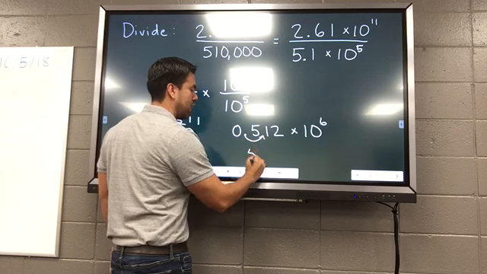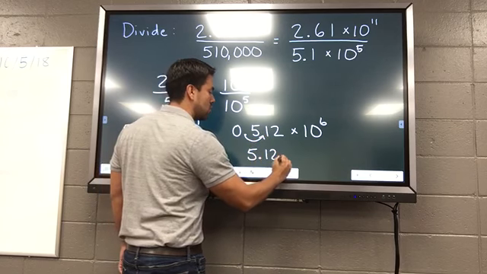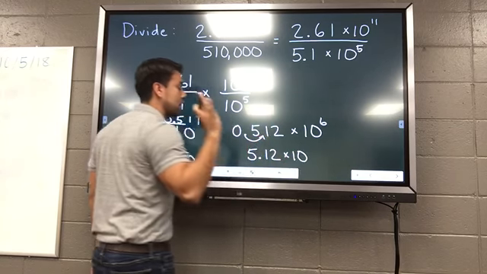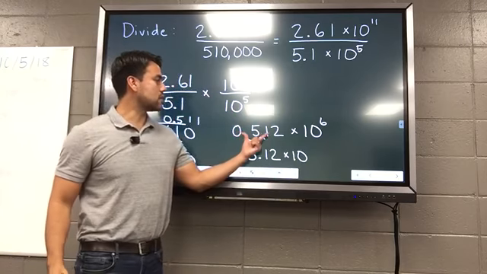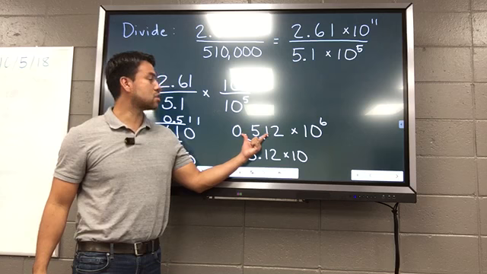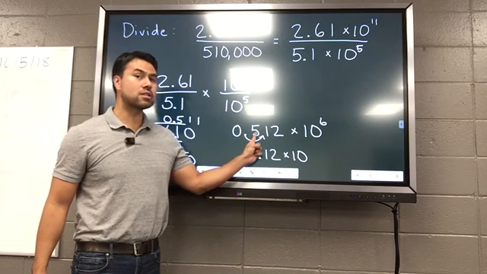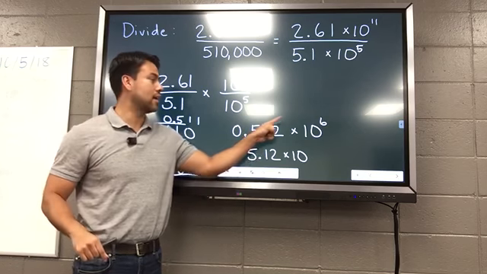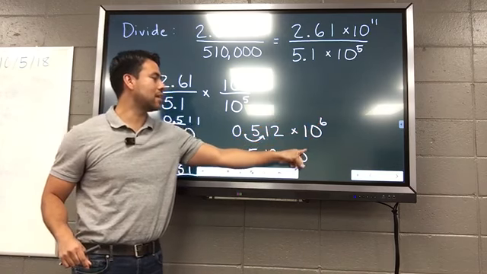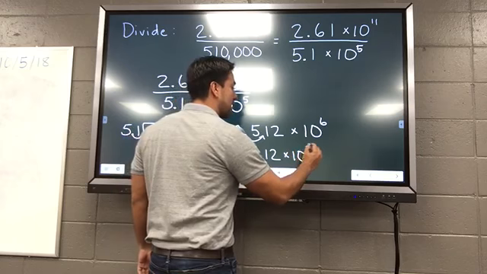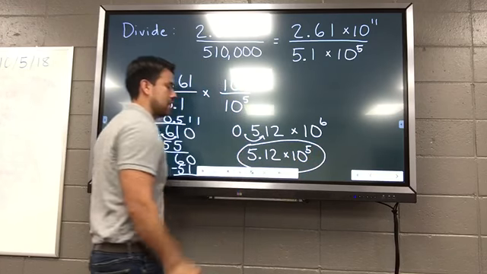Once right here, I get 5.12 times 10. Now listen carefully before we give answers. Was this a big or a small number to start with? Small. I moved it once over, so that's a -1. 6 plus a -1? 5. This goes down to 10 to the 5th.